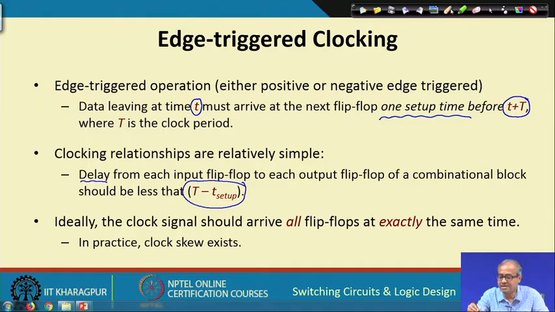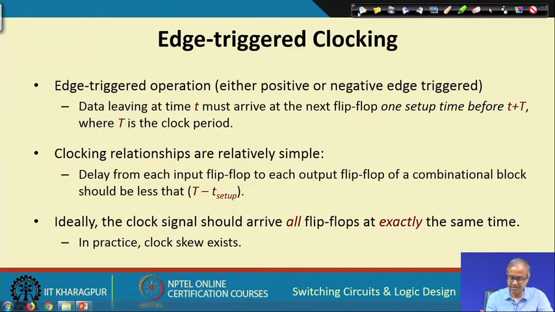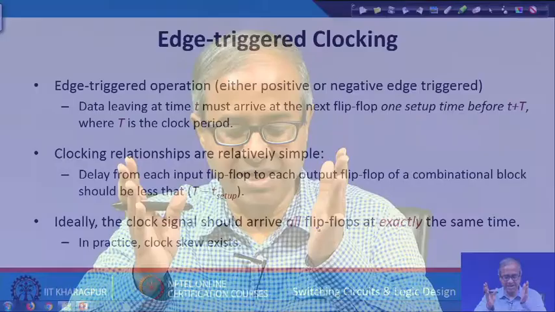There is another issue which we shall be talking about very briefly later, that the clock signal does not arrive exactly at the same time to all the flip flops. There will be some delay, because when a chip is fabricated, the flip flops are spread all around the chip.